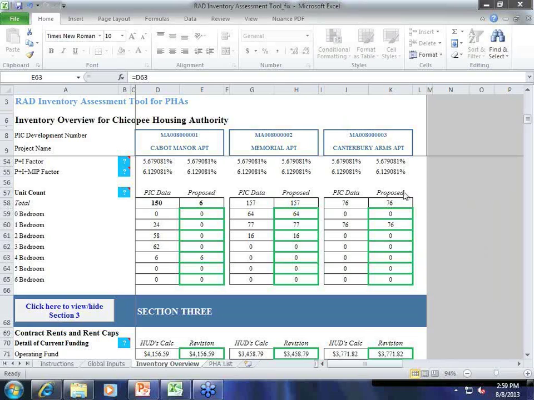Okay, other questions? Ron Law. Hi, Will. Hey, Ron. We have a project, and we've received a CHAP for it. It was a tax credit project before it was a RAD project.